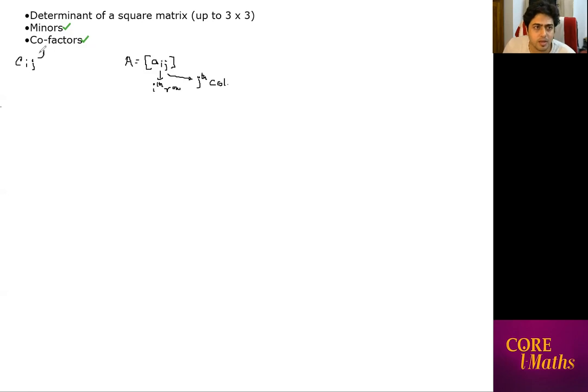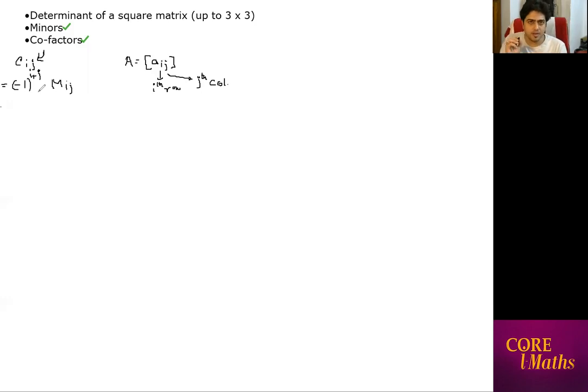It is denoted by Cij. For example, A is a square matrix. It is denoted as Aij, that is the ith row and jth column intersection element. Same like minors, you can also find out the cofactor values. The formula is very simple: minus 1 to the power i plus j and its minor value, right?